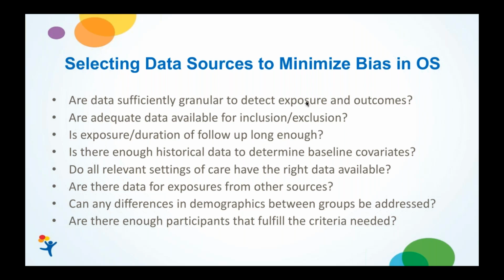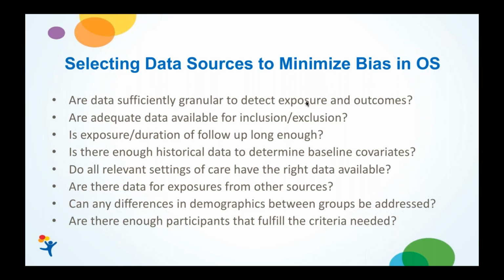And then, related to that but somewhat different, are there adequate data to allow for inclusion or exclusion? Maybe you have great data on your exposure and your outcomes, but you don't have some key variable about the person's past medical history from when they were an infant, for example, that might preclude them from being included or excluded from the study.